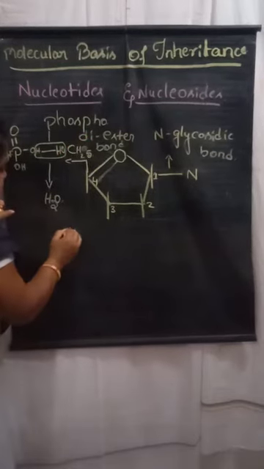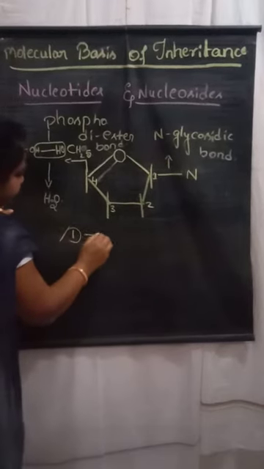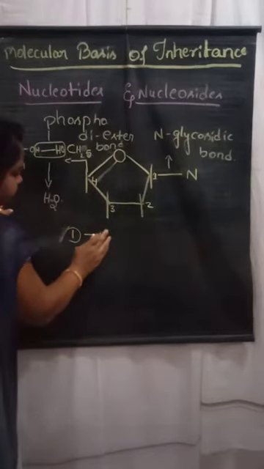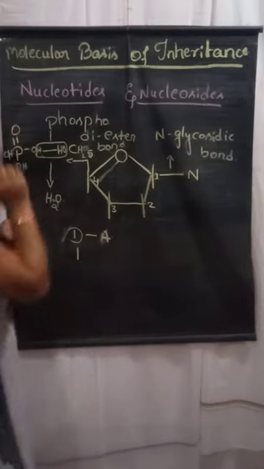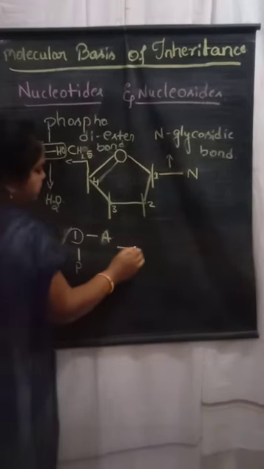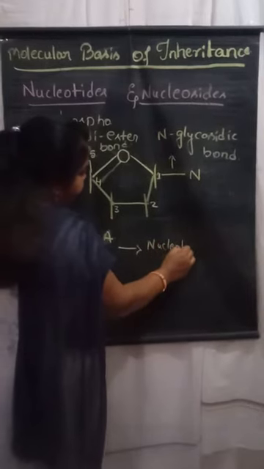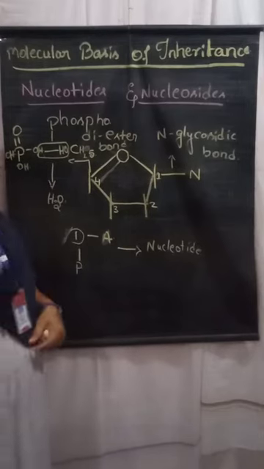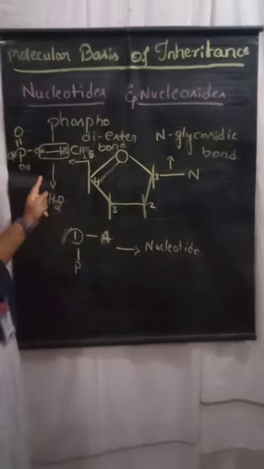Here the deoxyribose sugar is attached to the nitrogenous base, for example adenine, and also to the phosphate group by a phosphodiester bond. This we call the nucleotide.